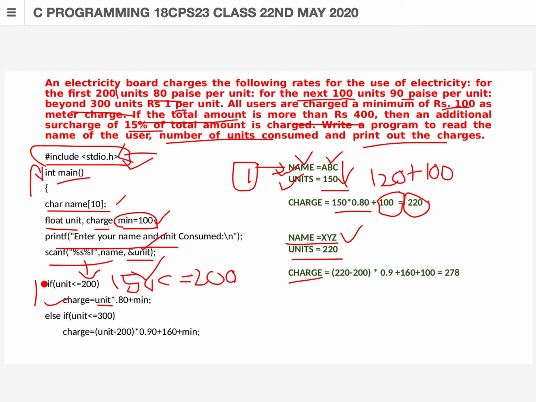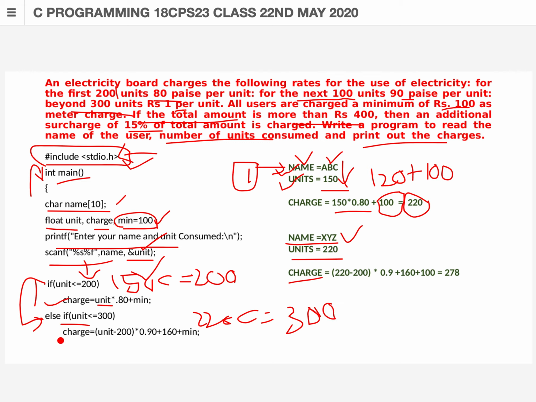The condition is false, so it goes to the else part. In the else part, else if the unit is less than or equal to 300: is 220 less than or equal to 300? Yes, the condition is true.